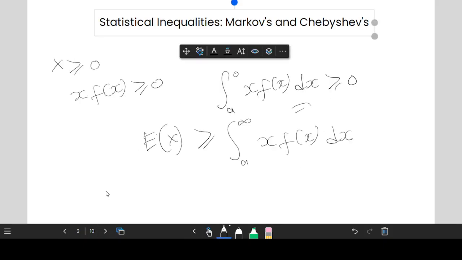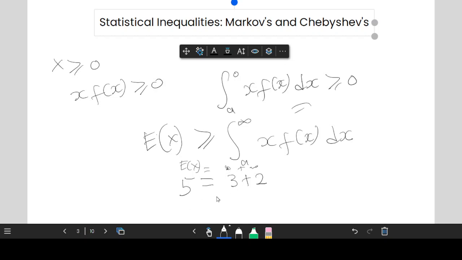Look at it this way. You are saying that, let's use numbers. Say 5 is equal to 3 plus 2, right? Let's take this. 5 here is the expectation of x. I'm using it as an example, which is equal to something here plus something here, which are all non-negative. They are all positive, okay?